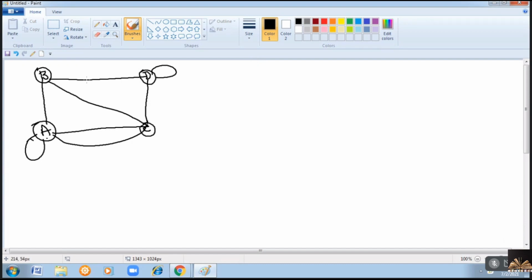That means you should mention the weight of every edge. That means what is the cost or what is the time to travel from B to D, the cost of A to B, A to C. Like that, the cost of every edge you have to mention. We'll call it a weighted graph. So the weights are given like this.